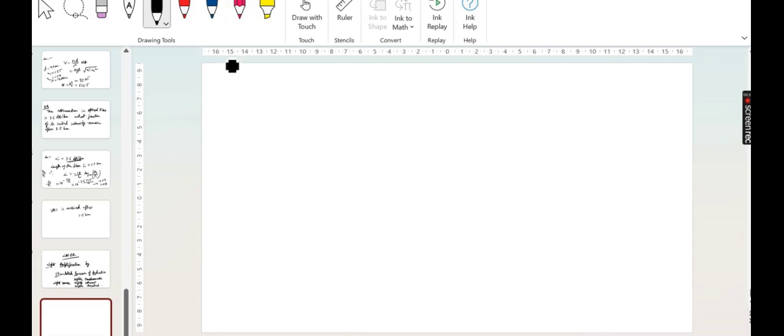So first is light matter interaction. And why is it needed? Because that is how we will understand the emission process or stimulated emission process.